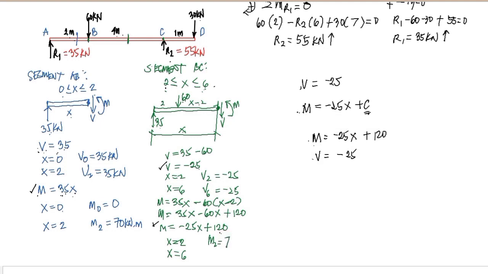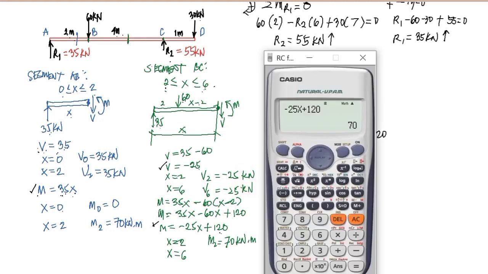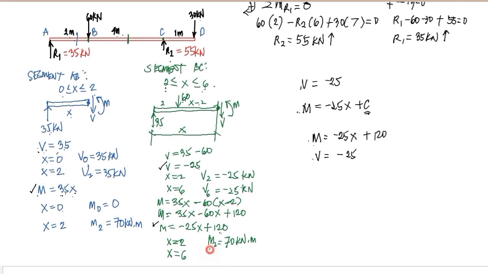So, the moment at 2 is equal to 70 kilonewton meter. Of course, in here, we have the unit for the shear na kilonewton. Okay, so at x is equal to 6, we just have calc 6, and that will give us negative 30. So we have here the moment at 6, negative 30 kilonewton meter.